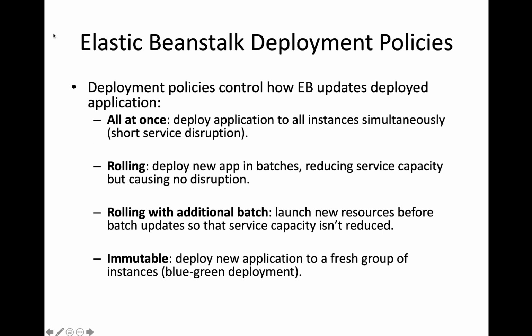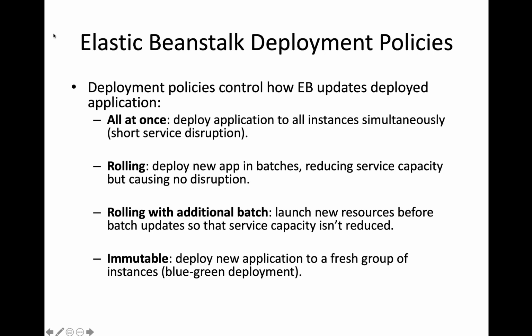When you deploy your application in an Elastic Beanstalk environment, you need to select a deployment policy for your application. And there are a handful of different deployment policies you can choose from. You can choose to deploy your application all at once.